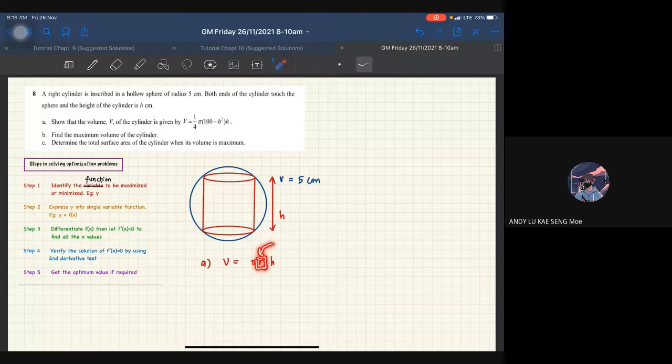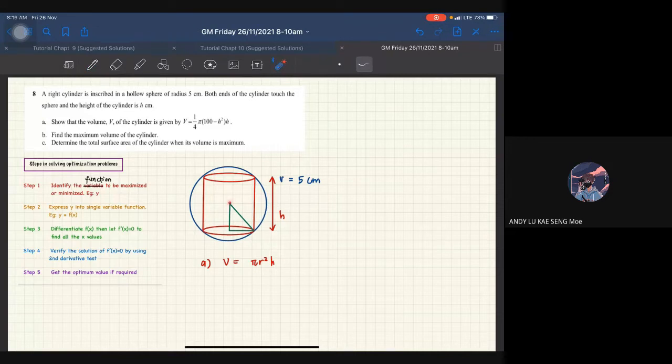Okay, and then if you notice, awak boleh hasilkan satu triangle dekat dalam ni. Boleh bayang ke saya buat ni? Ini kita panggil sebagai center of the sphere.